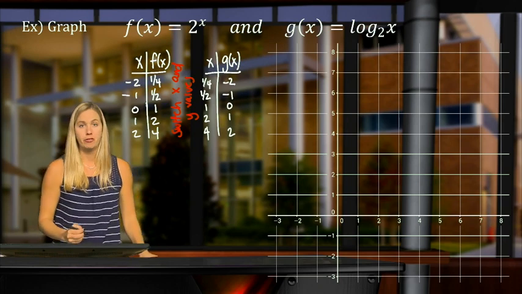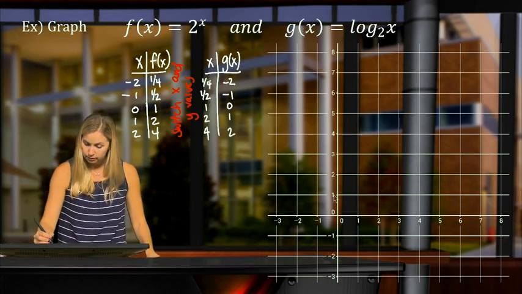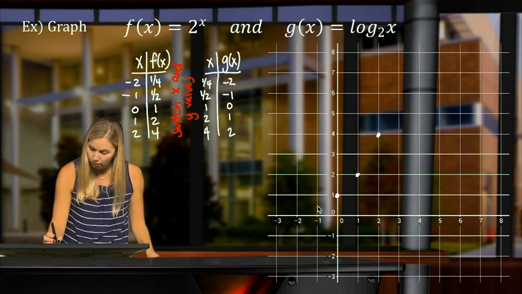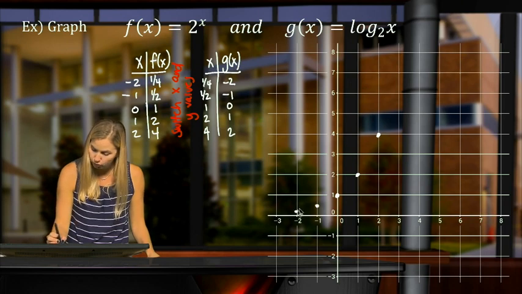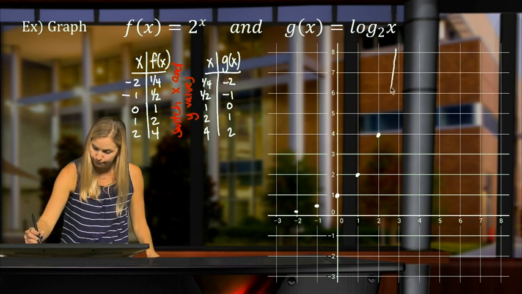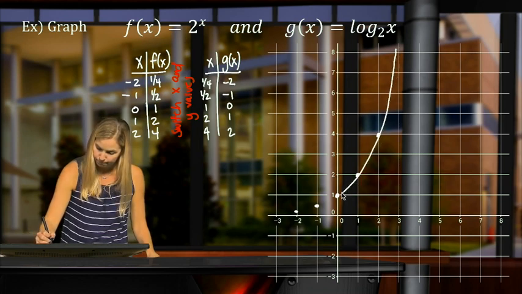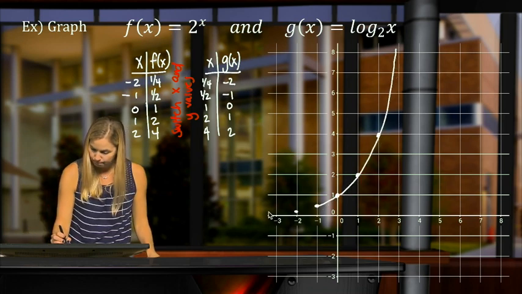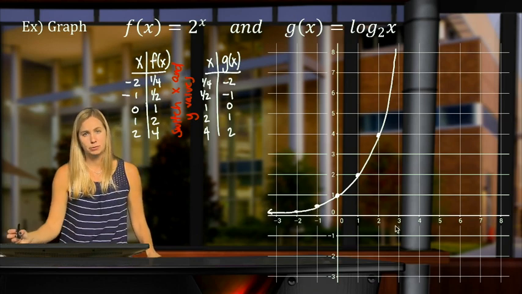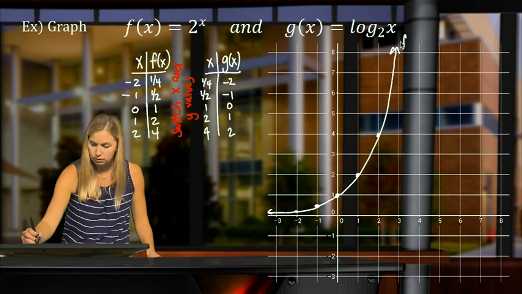So we'll graph f of x in white. We have 0, 1, 1, 2, 2, 4, negative 1, 1/2, negative 2, 1/4. And we know we've got a horizontal asymptote here at 0.